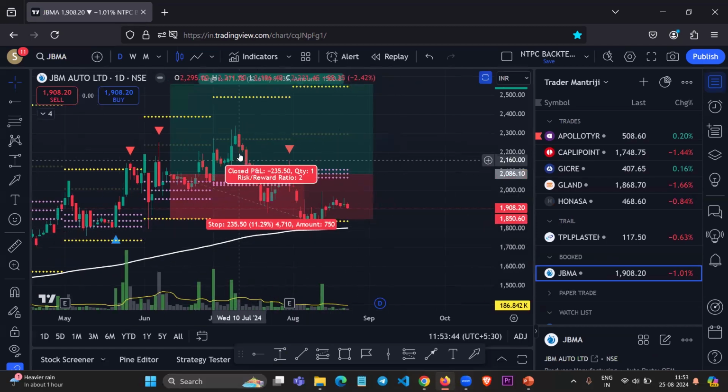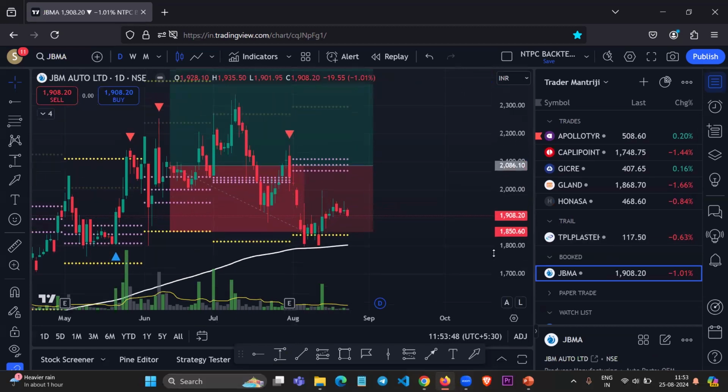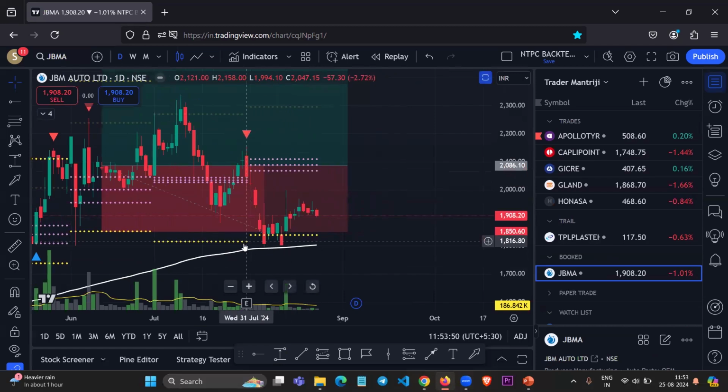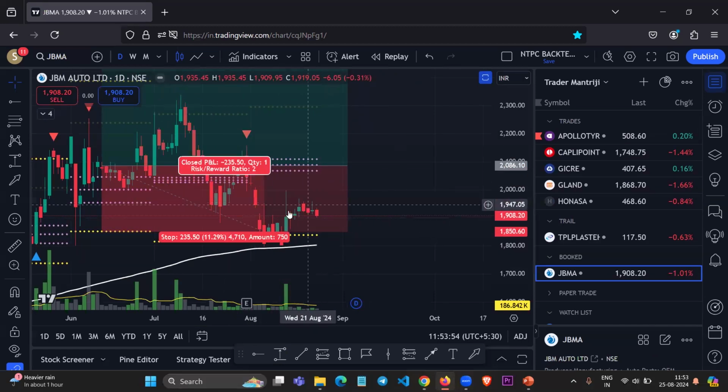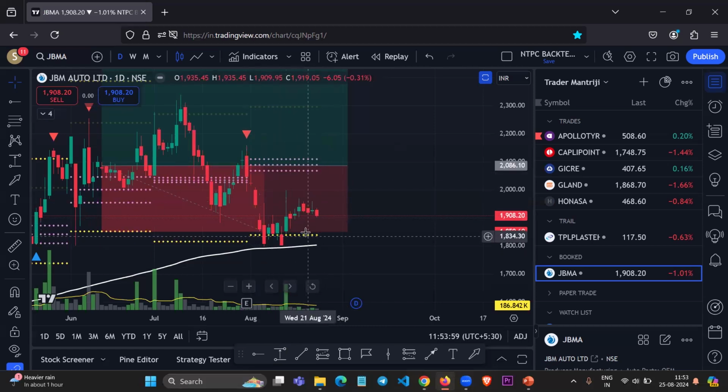Here you can see the stock went down, and now it is trying to take support near this level only. This is the 200 days EMA, and it is trying to bounce back. This will be a good support area, but I did not add this indicator earlier, and I was not sure, so that's why I have already exited from this stock.